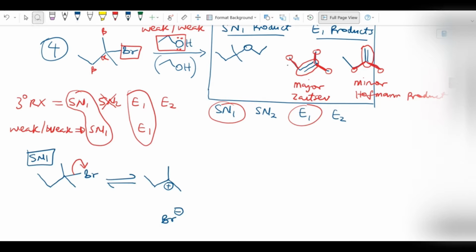And this is our leaving group after it leaves. When the leaving group leaves and forms a carbocation intermediate, the next step is that the nucleophile will now attack the carbocation.